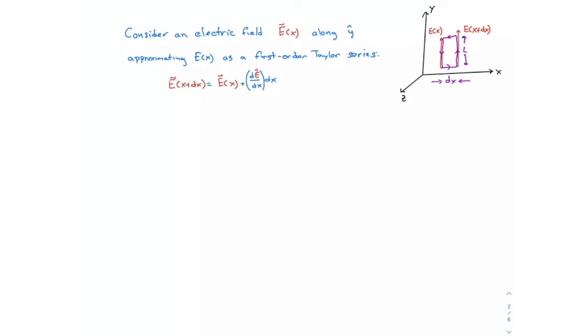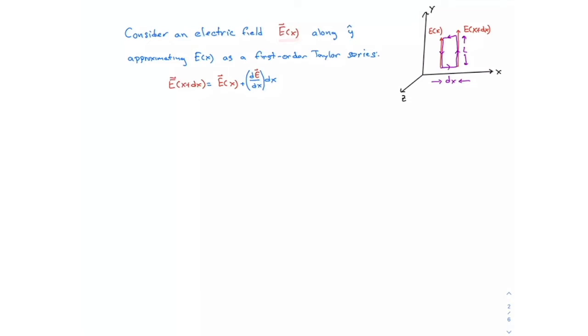Okay, so because the electric field is varying along x, and because I only care about the electric field on the left and the right side of this loop, which is very narrow, I can write any arbitrary function of x as a Taylor series expanded around some point that I care about. And to good approximation, if I'm close enough to that point, I can consider only the first order term in the Taylor series.